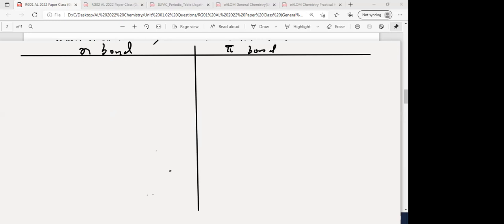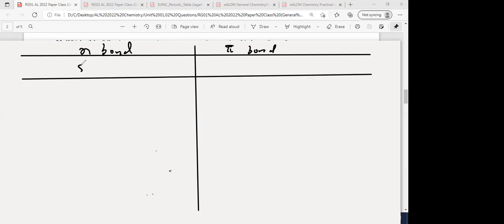One possibility, a sigma bond could be formed by an s orbital and an s orbital. That is one possibility. S orbital and s orbital result in a sigma bond.